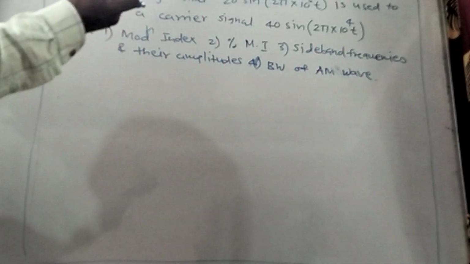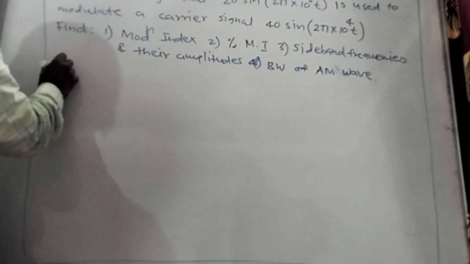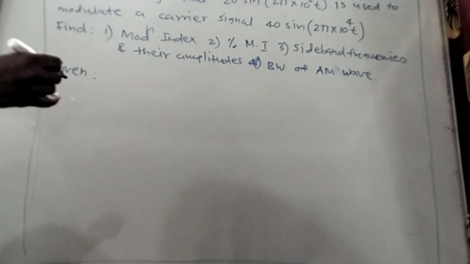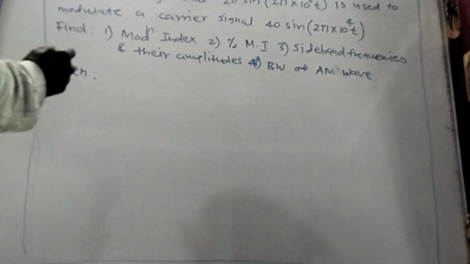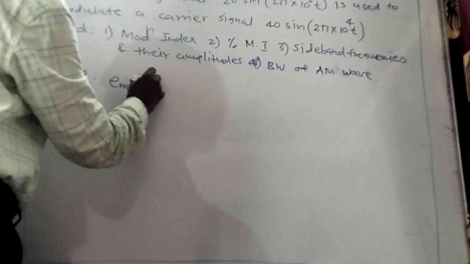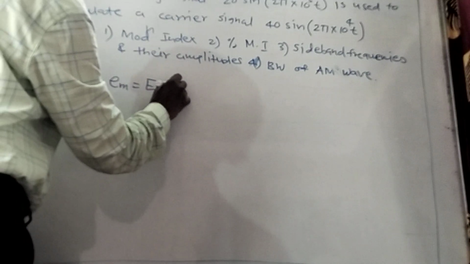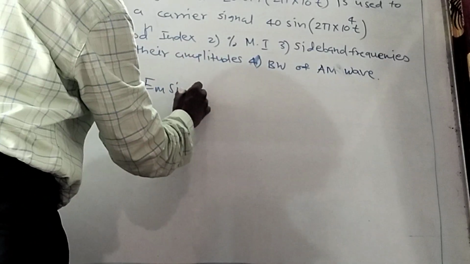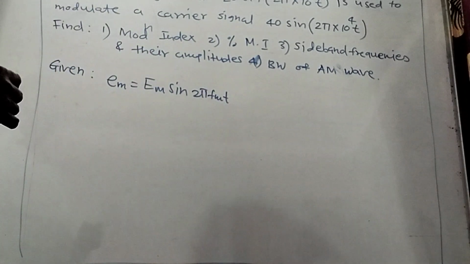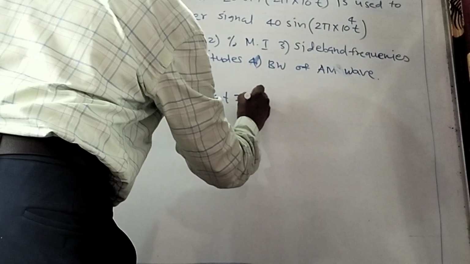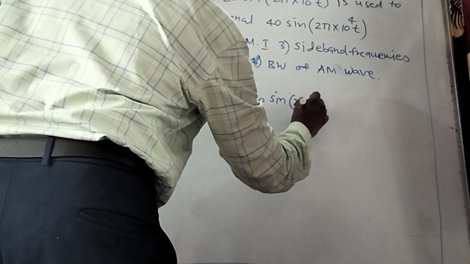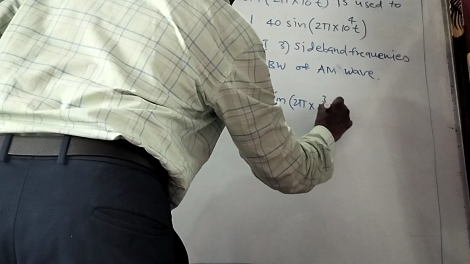First we will write what is given. The modulating signal is given by the equation small em is equal to capital EM into sine of 2 pi fmt. This is the standard equation and it is equal to 20 sine of 2 pi into 10 raised to 3t.